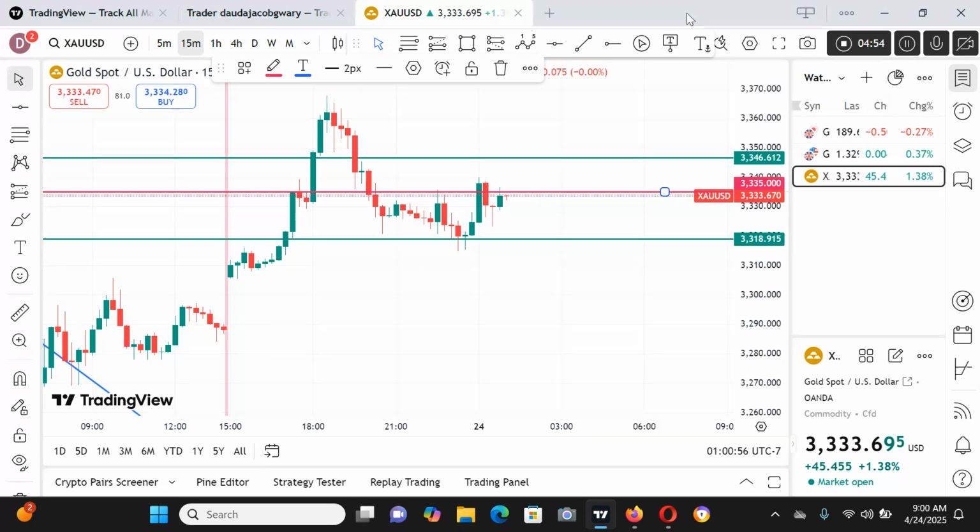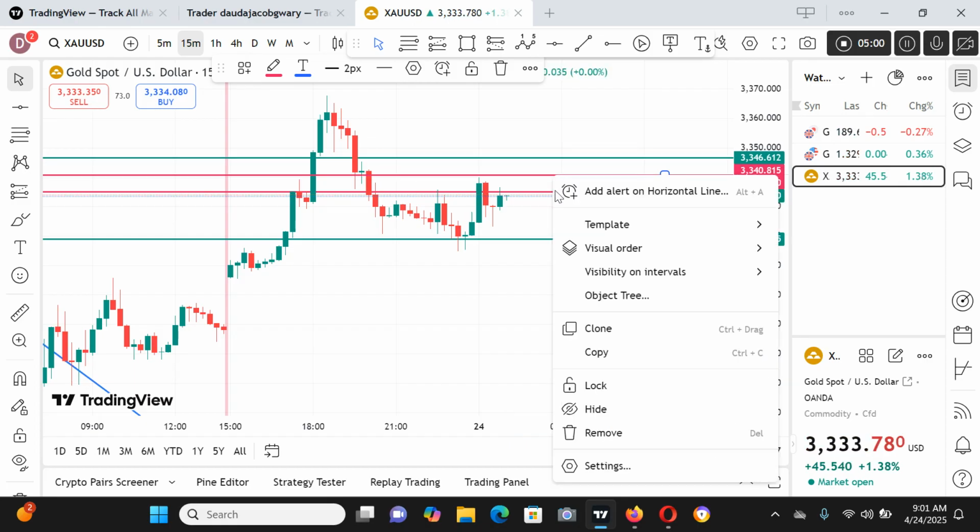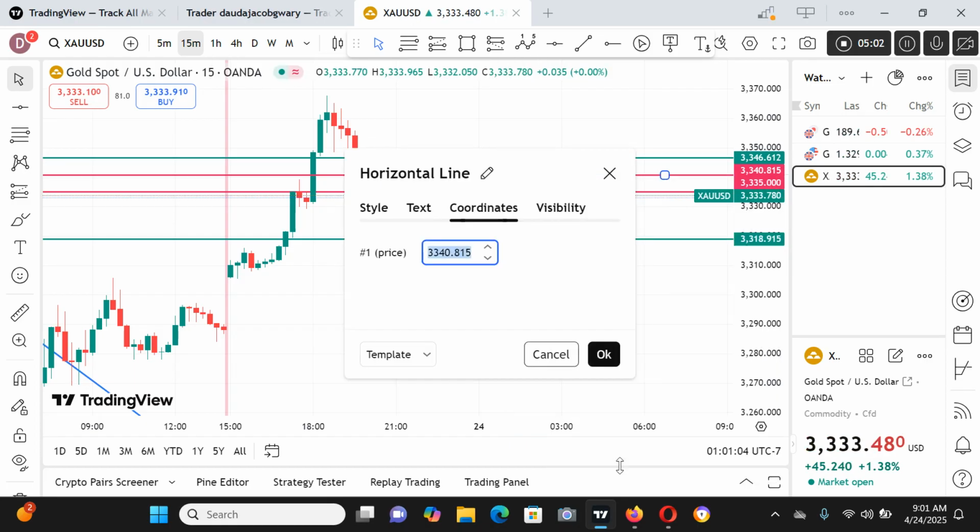Then we place another one here. The previous one was 3335.00, so this one will be 3340.00.